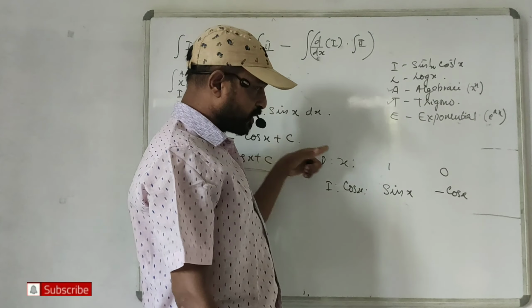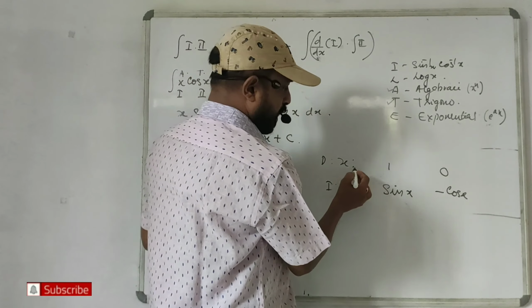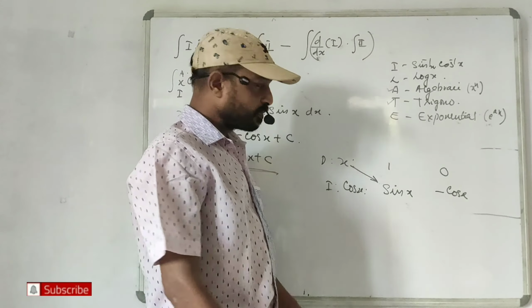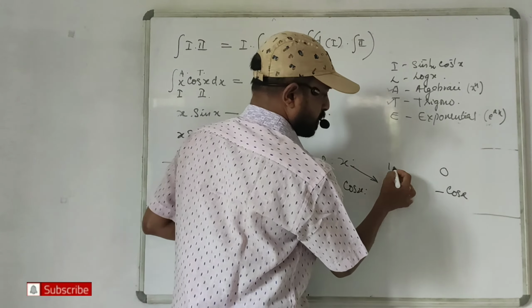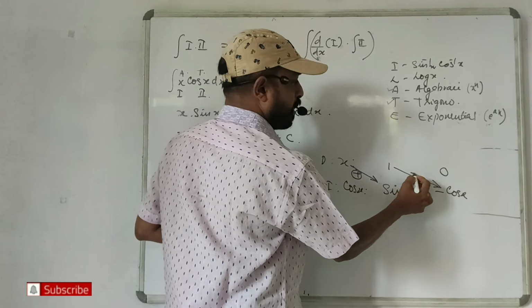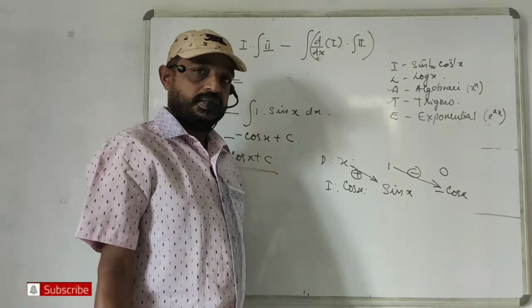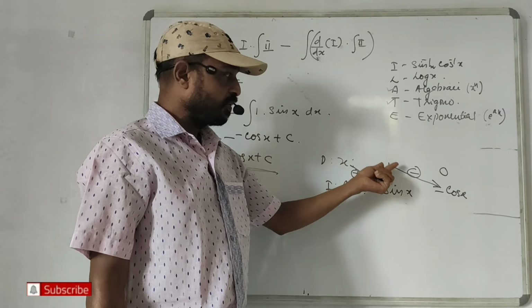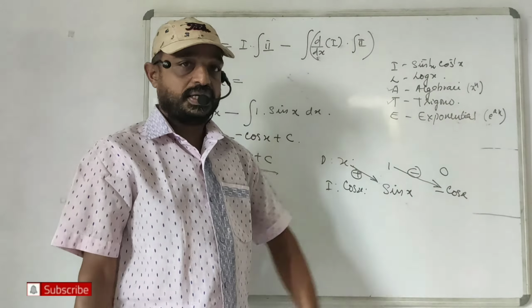Now you will have to put arrows. The first arrow is like this. And keep on putting arrows, x sin x. The next arrow is this. So this must be given a plus sign and the second one needs to be given a minus sign. So starting with the positive sign, you will have to put signs alternately.